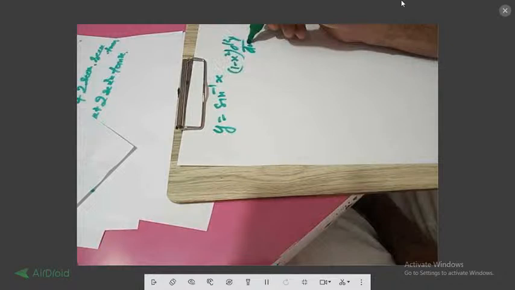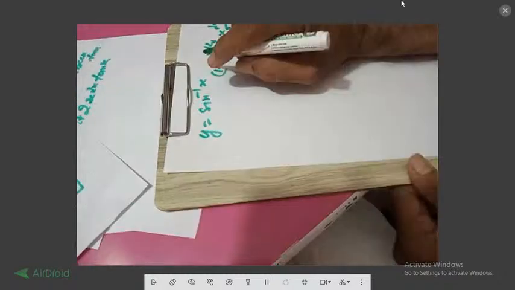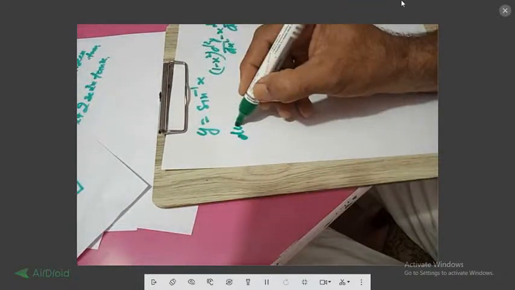Find the differentiation of this and find second order differentiation. Find dy by dx: y is equal to log x, dy by dx is equal to 1 oblique under root 1 minus x, second order derivative.